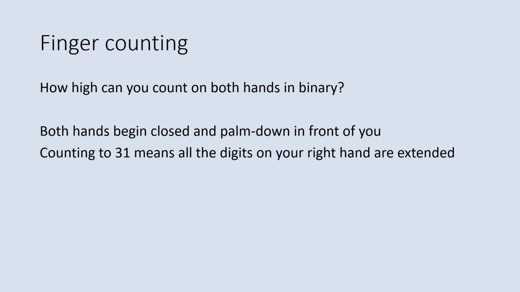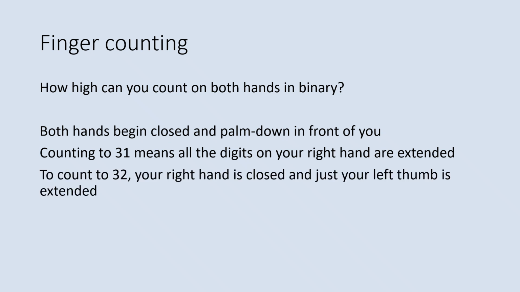So 31 means all the digits on the right hand are extended, and so to count 32, we close the right hand and then just the left thumb is extended. And this can continue until we have all 10 fingers extended, and so we can think about what is that numerical value? How high can you count on both hands?